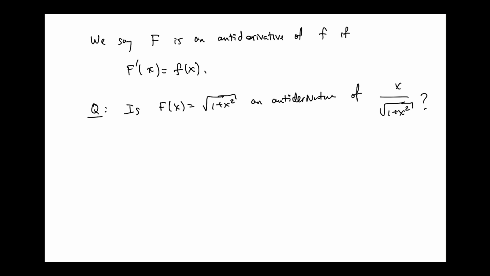All right, so let's take the derivative of big F here. What is the first thing I've got to do so that I can take the derivative? Yeah, I need to rewrite the square root as an exponent. And what is said exponent, pray tell?